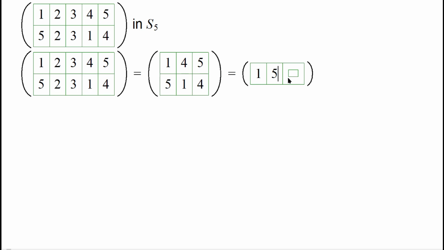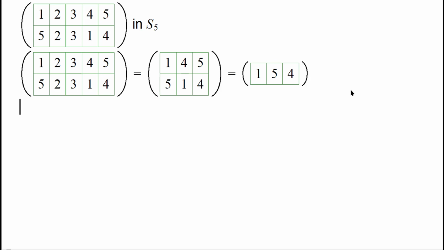Then 5 goes to 4, then we write 4. So it shows that these three values move cyclically. 1 goes to 5, 5 goes to 4, and 4 goes to 1, as we saw in a display in comparison with the listed values in Sage Math and that of the group of symmetries.